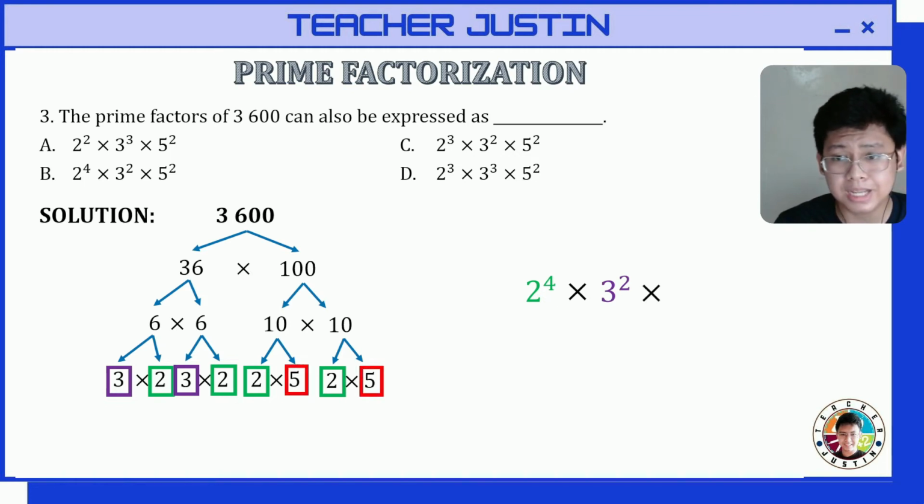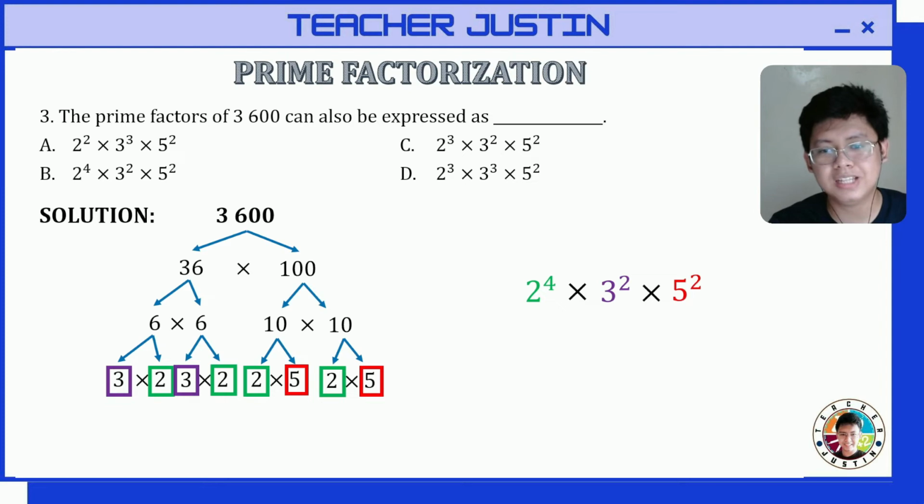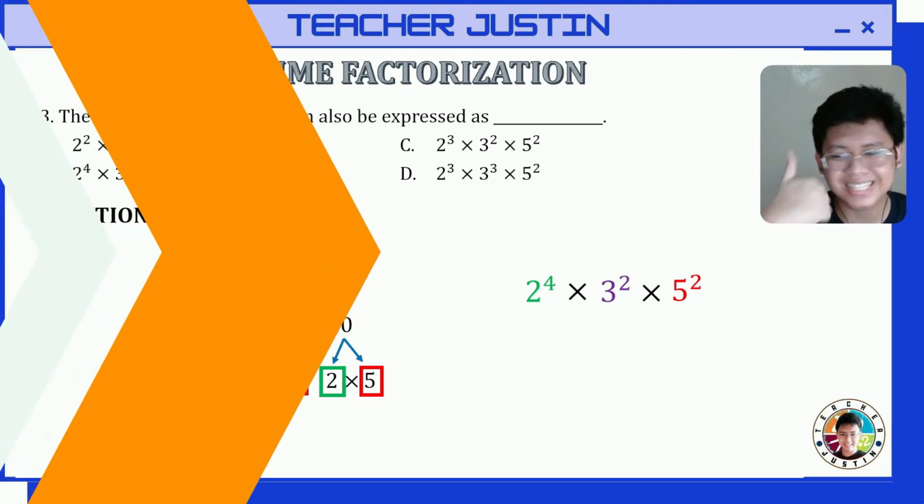And that can be expressed as 5 raised to 2 or 5 squared. So, ayan. Na-express na natin siya into exponential form. So, to answer this item, 3,600 can be expressed as letter B, 2 raised to 4 times 3 squared times 5 squared. And that will be our final answer. And that's it. Ta-da! Alright.